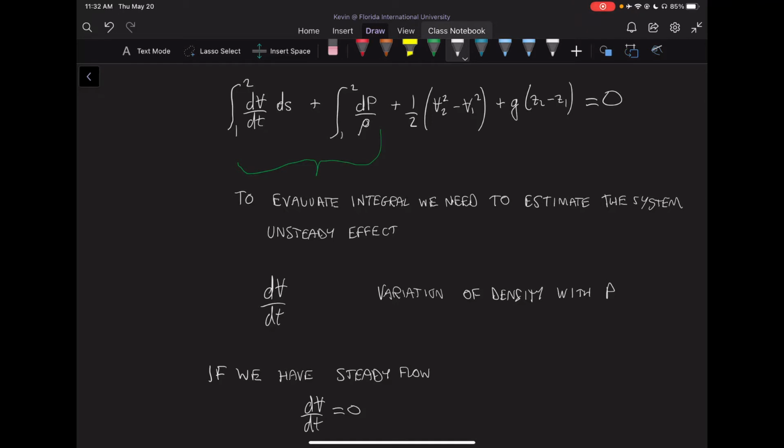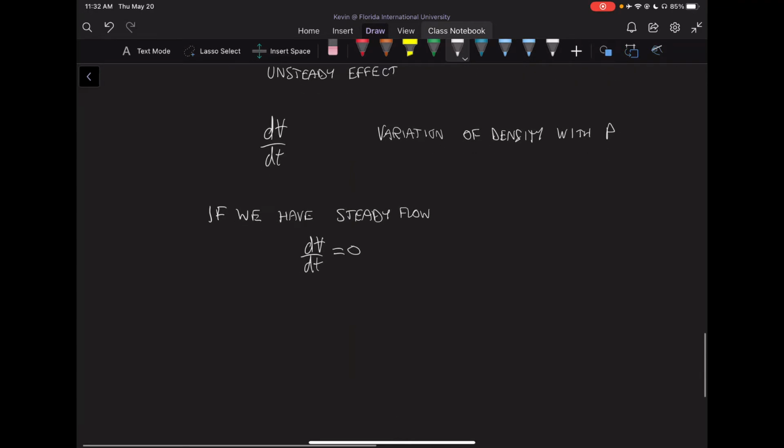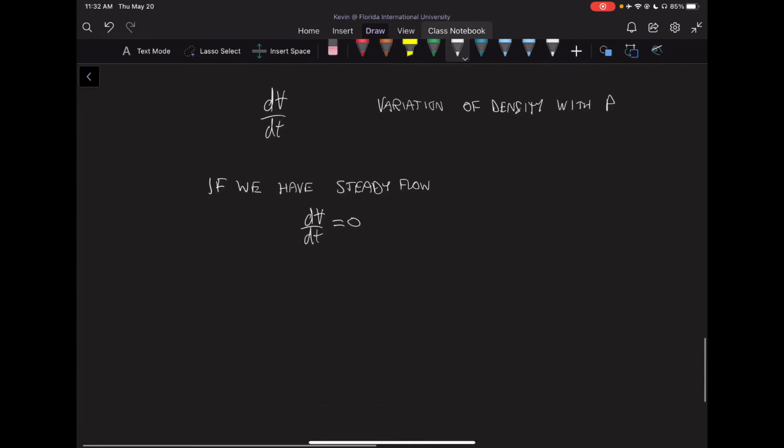So usually we're going to have steady flow in a dam. Okay, we have a certain amount of water at the top, a certain amount of water at the bottom, and we have a tube going through a turbine or something to power and get some electricity.